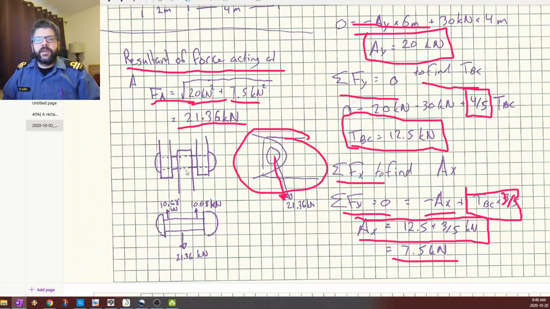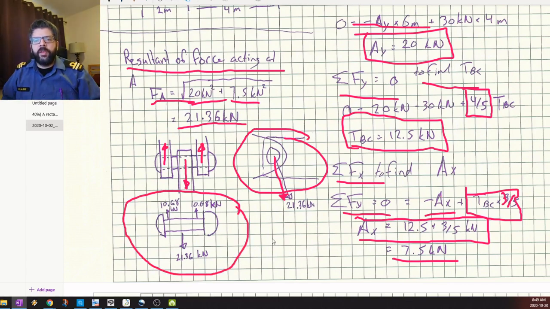So if we looked at it at a particular angle, we could just replace the setup like this. So if we look at a free body diagram of our pin, we've got the maximum load here of the 21.36 kilonewtons, and then the resultants from the supports here.